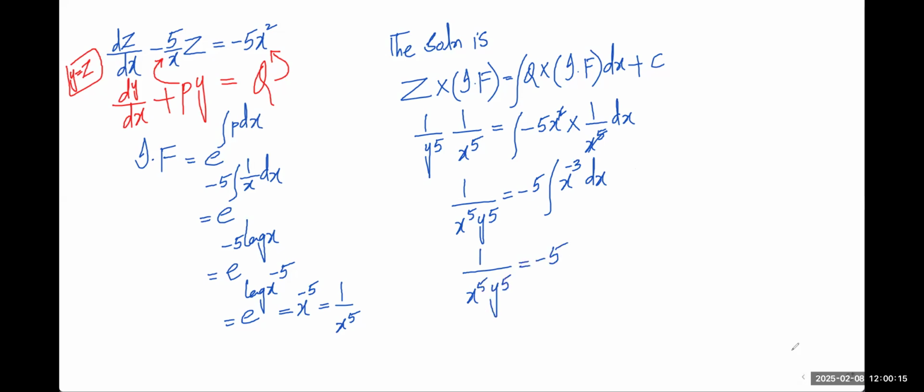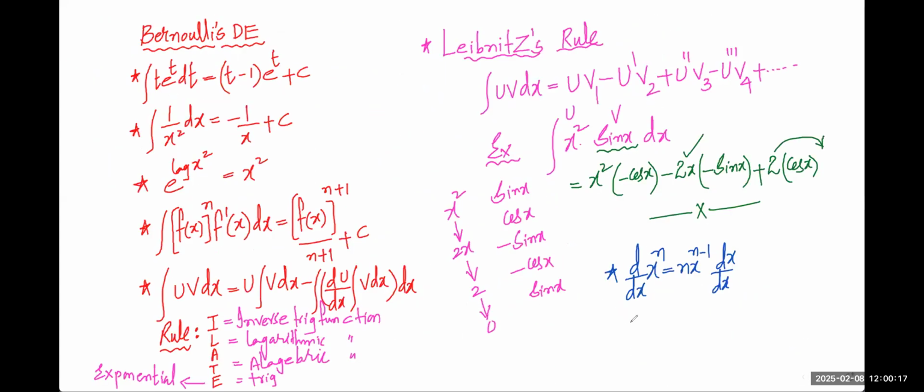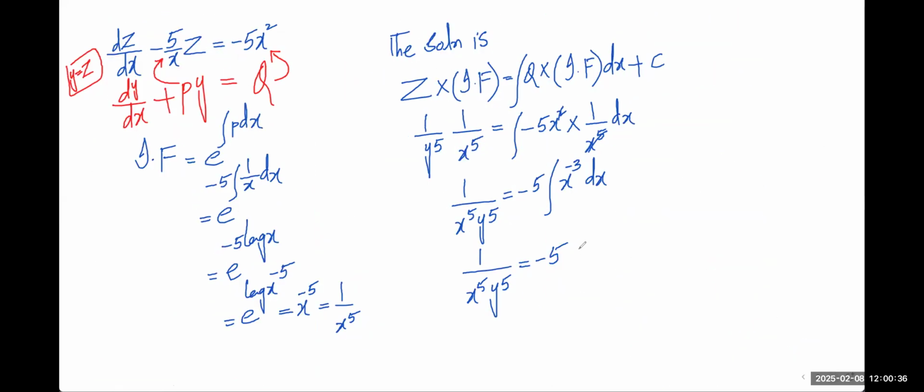Integration of x power n formula. What is the formula? We work with this formula; based on this formula there are so many problems. x to the power of n plus 1 by n plus 1 plus c. Now to write here, x power n plus 1 by n plus 1 plus c.